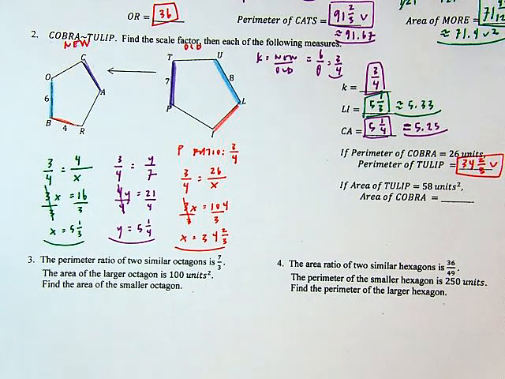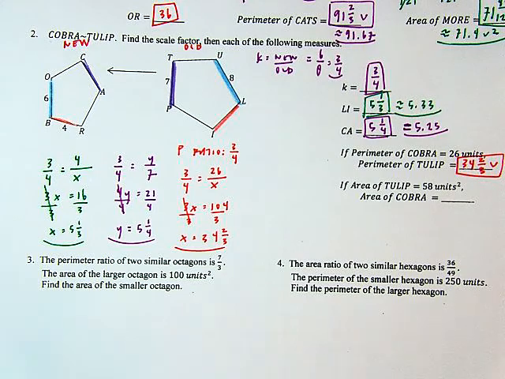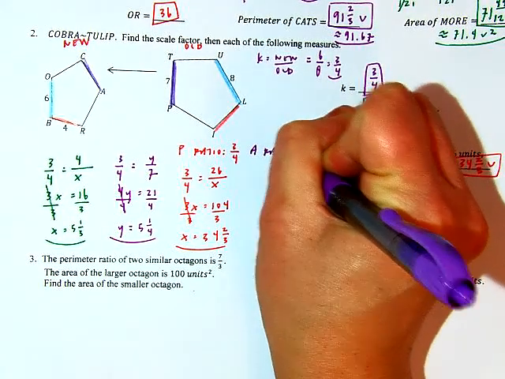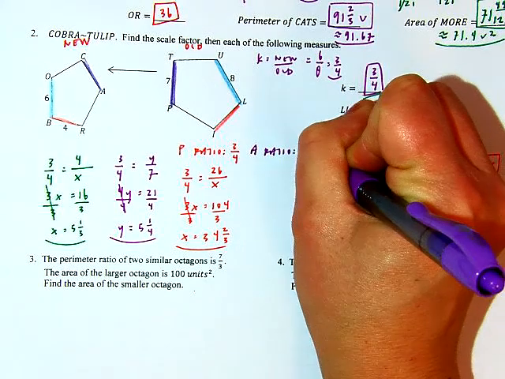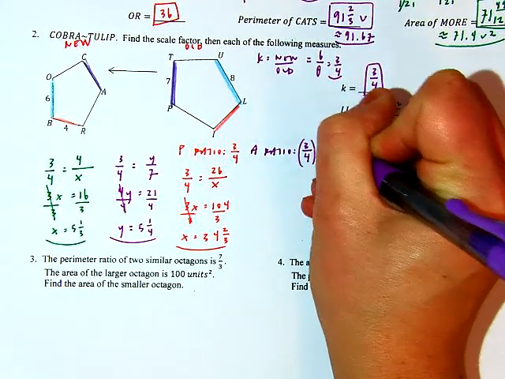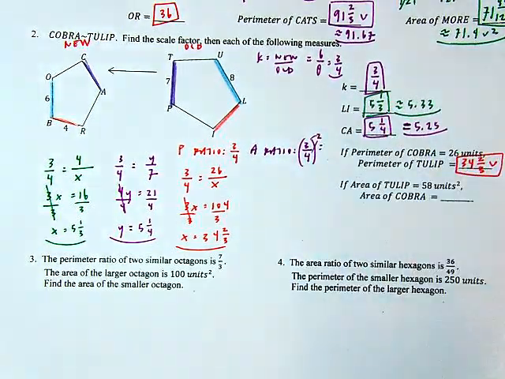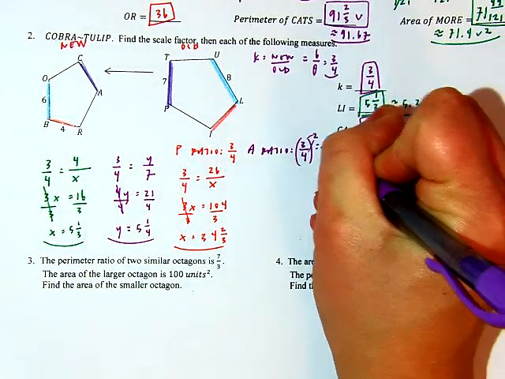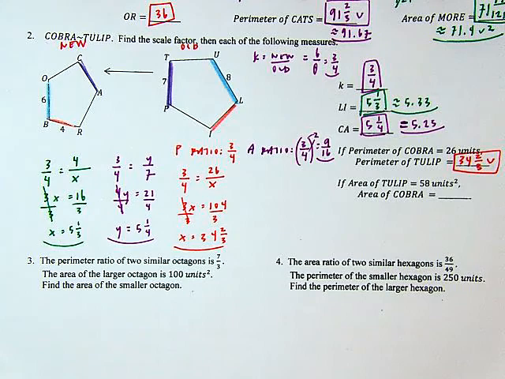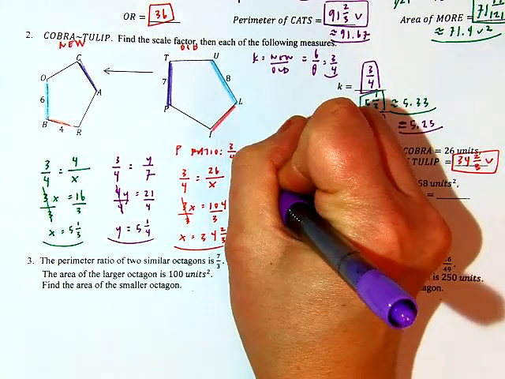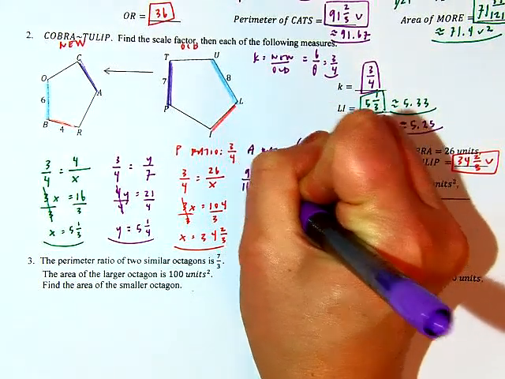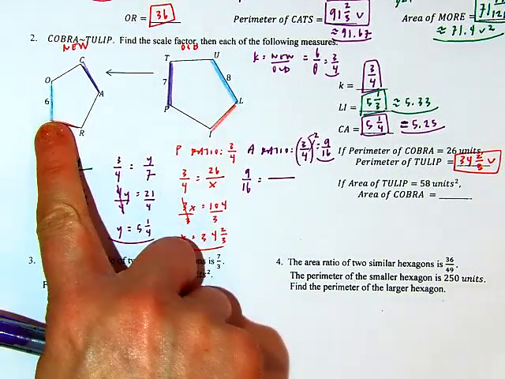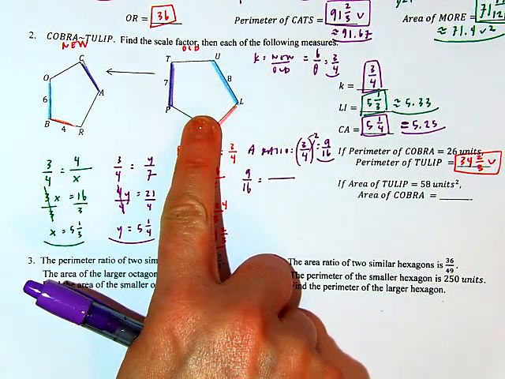Okay, now area. Area ratio is different. Area ratio, we take that scale factor and we square it. So 3/4 squared. The 3 gets squared and the 4 gets squared. So 9 to 16. That would be my area ratio. So if I start with 9 to 16, figure on the left to figure on the right, 9 to 16 in terms of their areas.